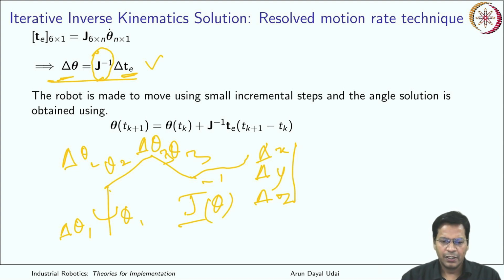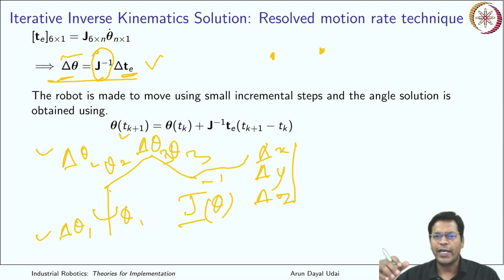If you change by delta thetas in all the joints, you can take it to a new position. This is what we want. Without actually doing inverse kinematics to get the new joint angles, you are able to calculate your new joint angles using this. So you are able to displace your robot by a small distance, and you can make it move by incrementally changing your joint angles.